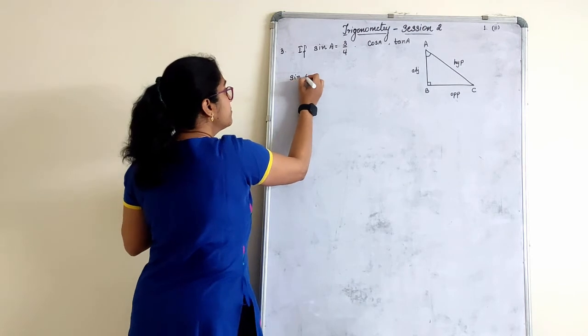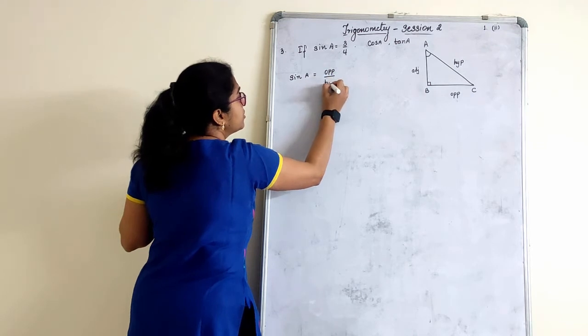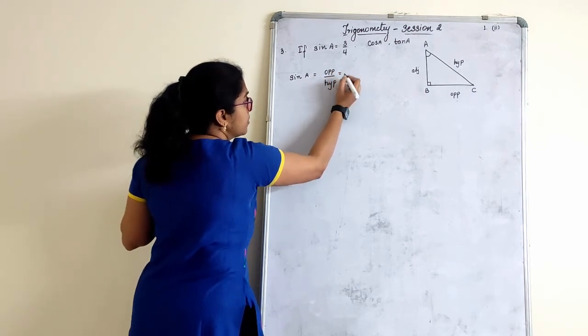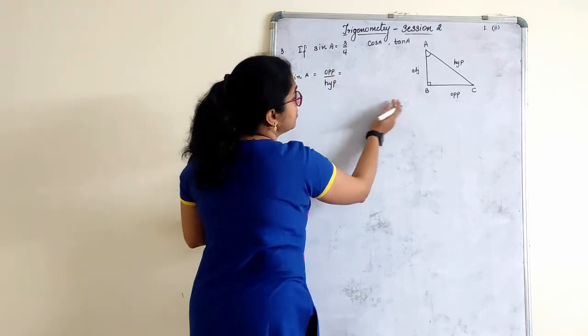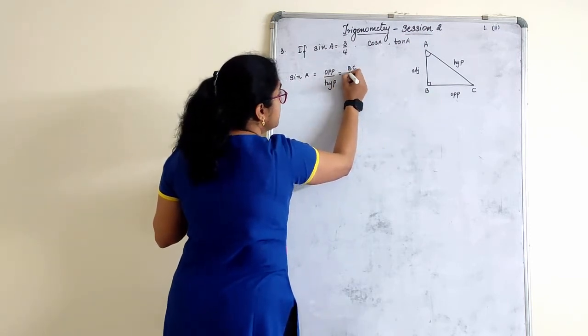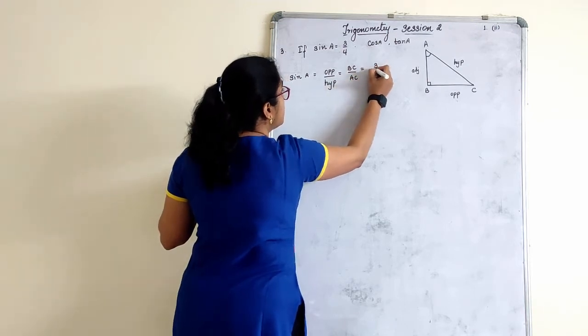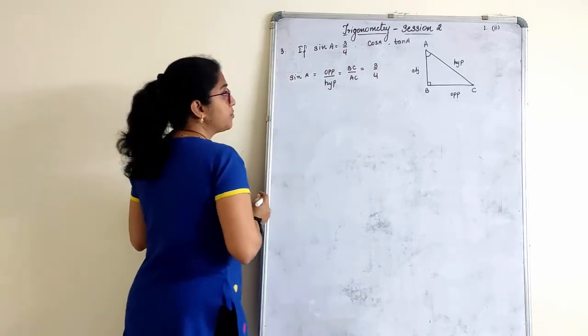Sine A is equal to, how do we write? Opposite upon hypotenuse. Okay, opposite is what? BC upon AC. That is equal to, given as 3/4.